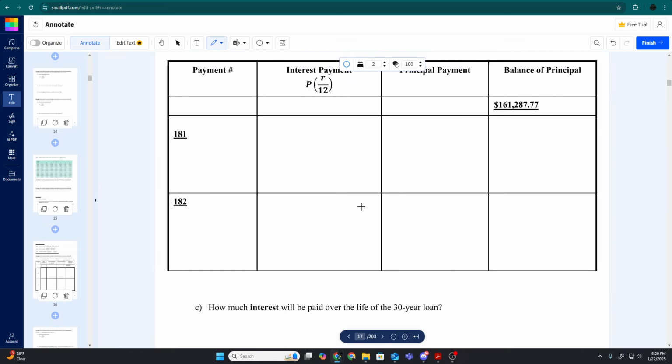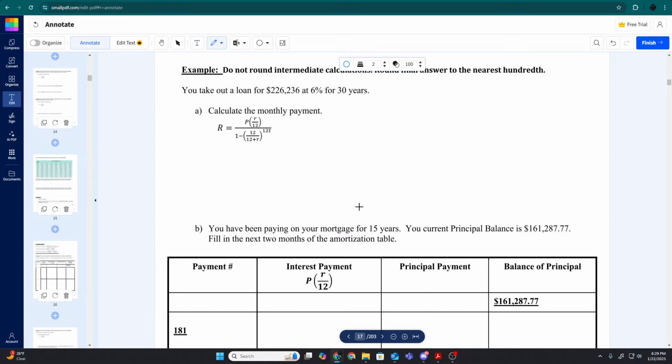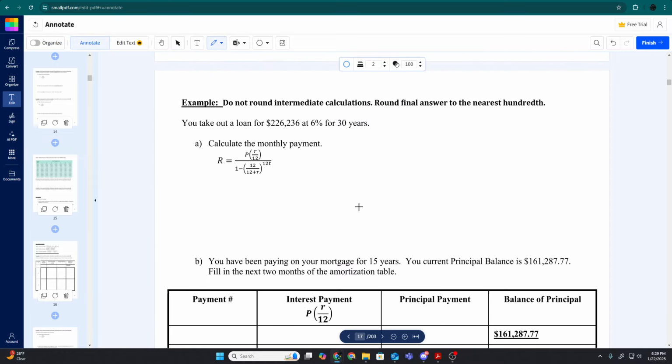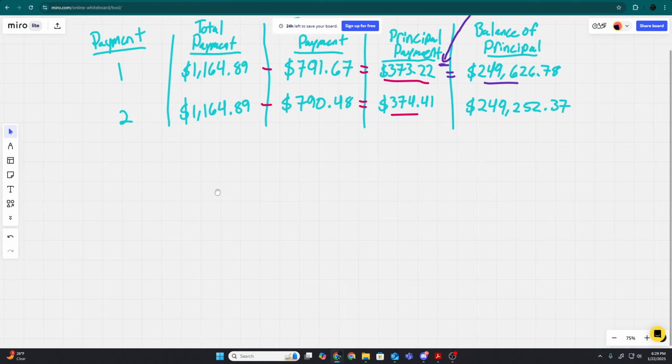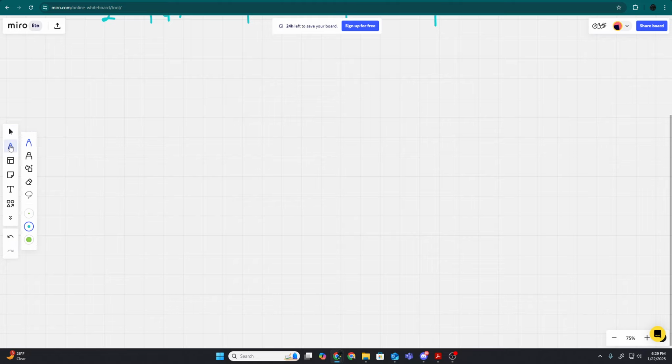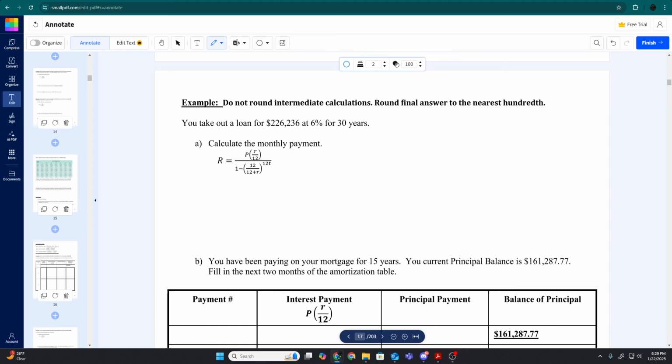So, start off with part A. We'll go back to the actual thing we're going to write our stuff on, and scroll down just a hair. Okay, we are doing a loan for this very specific amount, $226,236.